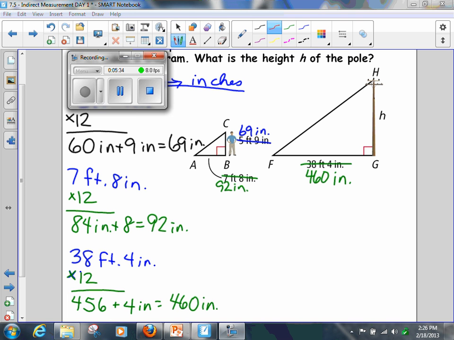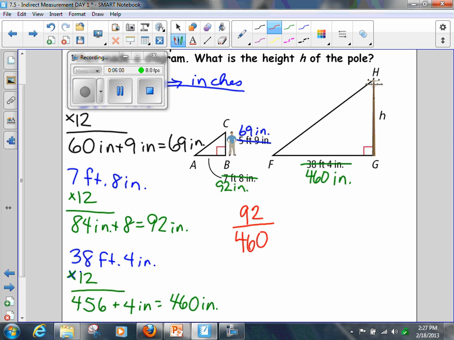Remember, in similar polygons, corresponding angles are what? Congruent, and corresponding sides are proportional. Now, that being said, what over what? 92 over 460. And so Joseph's getting us started.